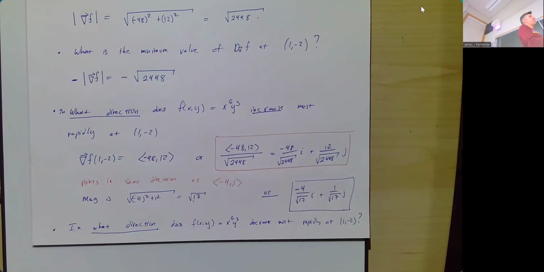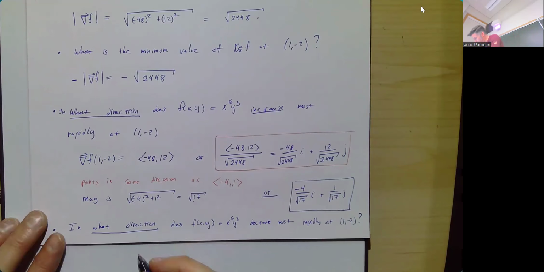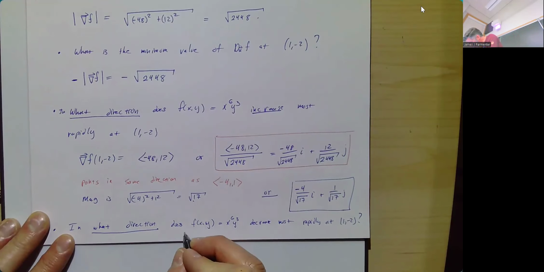If I'm going this way and increasing the most rapidly, the way I decrease the most rapidly is by turning around. And when you turn around, the vector you had is just the negative of what it was. So my direction is going to be 4 over root 17 i minus 1 over root 17 j.